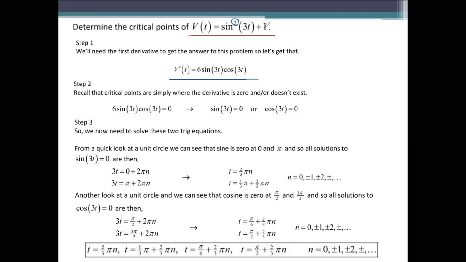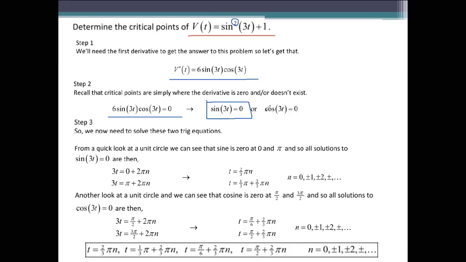And now, so recall that critical points are simply where the derivative is 0 or doesn't exist. So now we need to solve our equation: 6 sine 3t cosine 3t equals 0. And here we have sine 3t. We can divide these two equations, and sine 3t is 0. This is the first one.